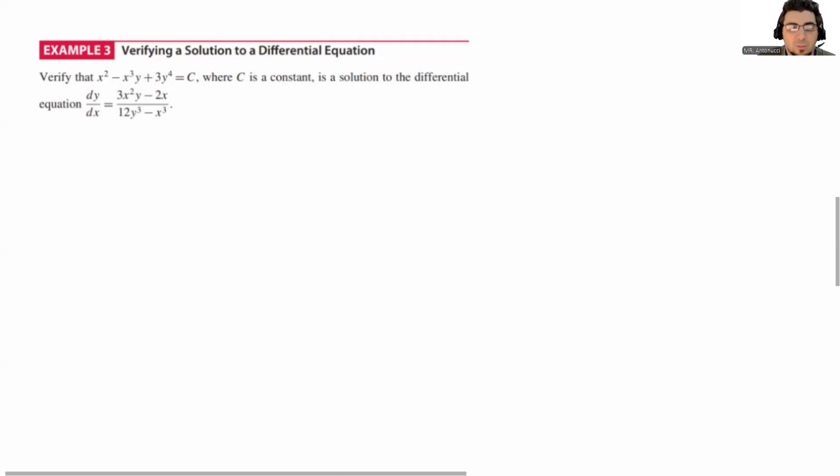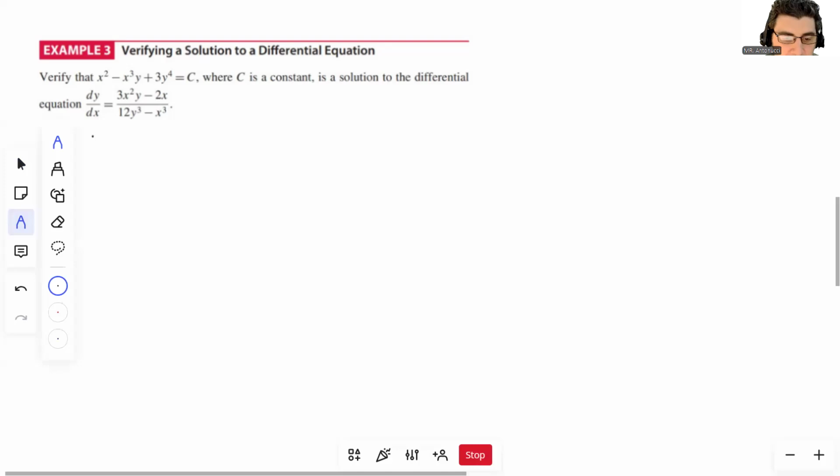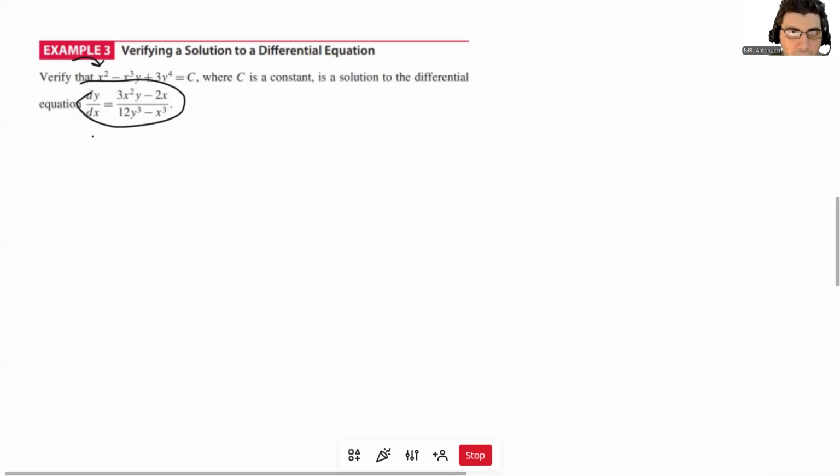You'll see this type of question with implicit differentiation on free response questions often on the AP exam, where they actually give you the solution like this, and you just have to show that the equation they give you is that. And then they'll have more things to do, but that's kind of setting you up there.